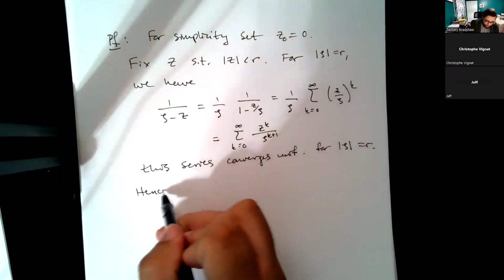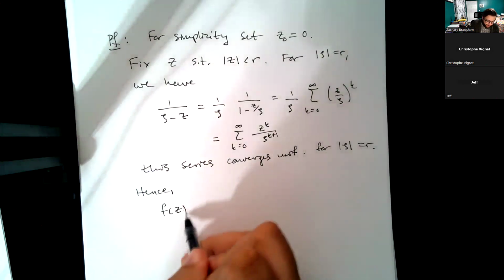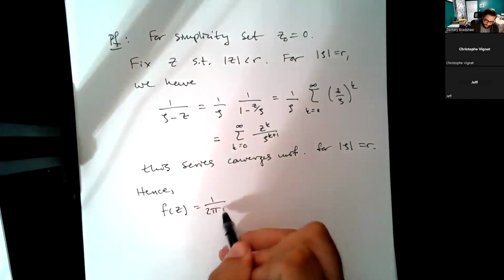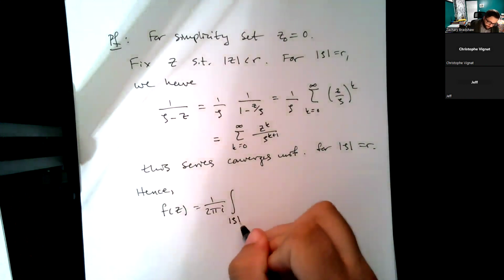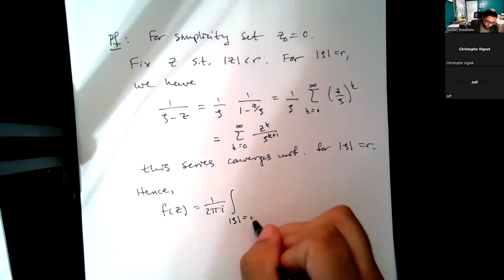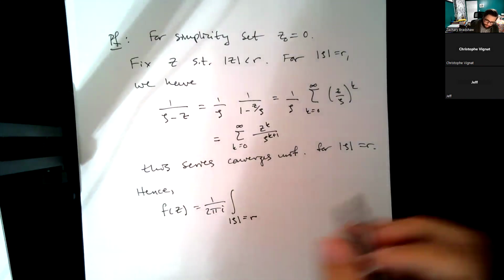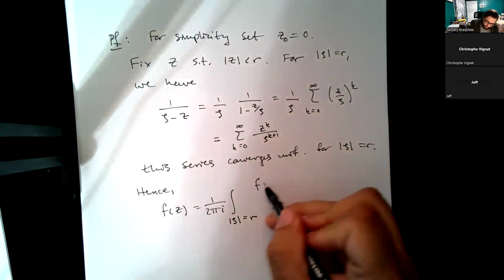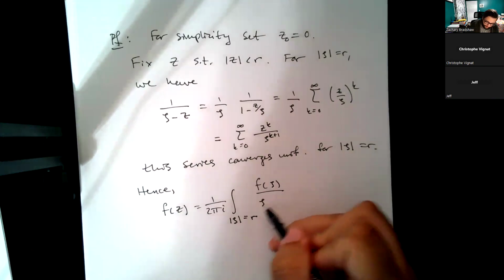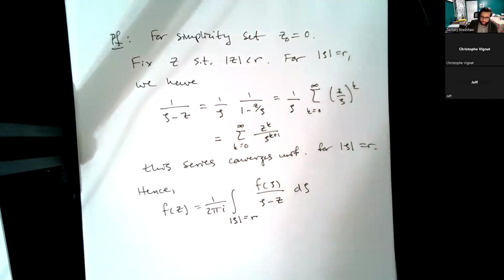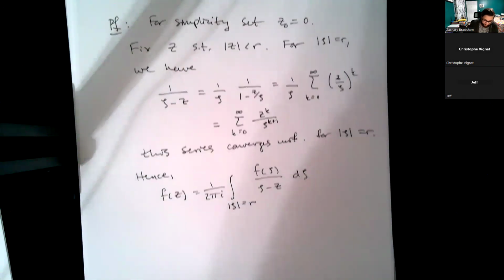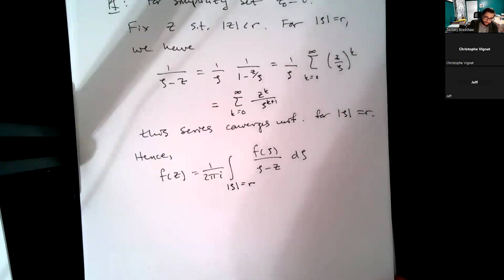Hence, f(z) is 1 over 2 pi i, the integral over modulus of zeta equals r, so this is the circle of radius r, of f(zeta) over (zeta minus z) d zeta. That's my Cauchy's integral formula.